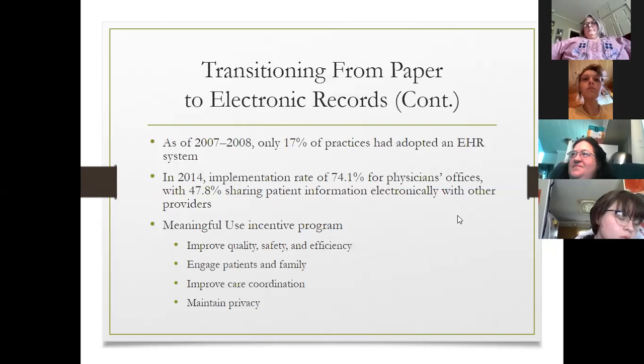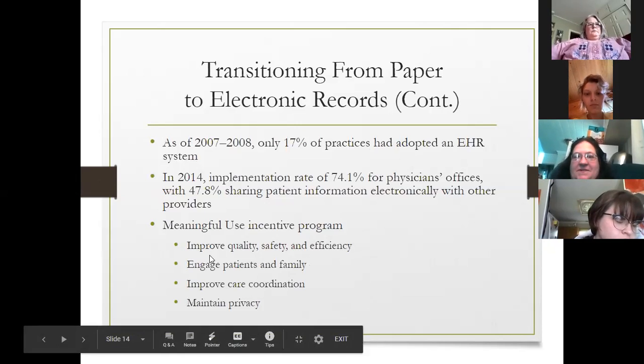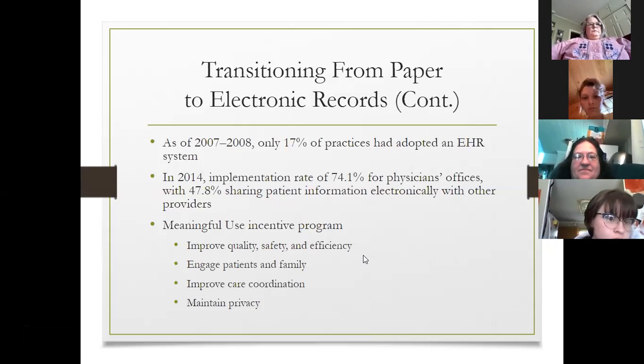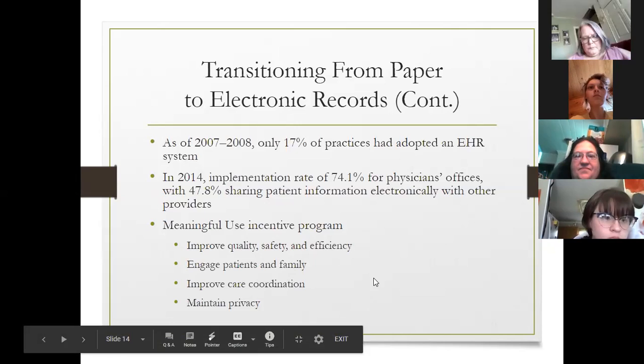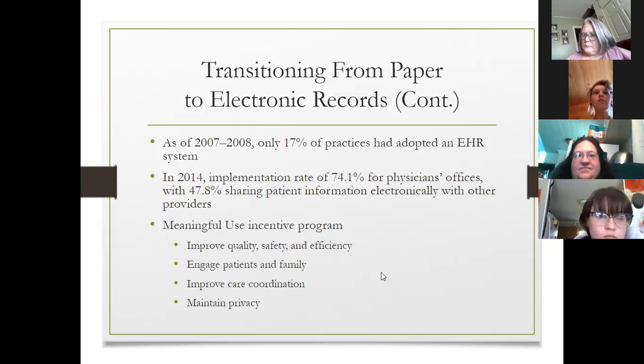Okay, so on this slide, I'm going to read through it, but there's something really important that I want to talk about at the bottom. It's the Meaningful Use Incentive Program. You're going to be hearing meaningful use, meaningful use, meaningful use, and this is all that it is. As of 2007 to 2008, only 17% of practices had adopted an EHR system.